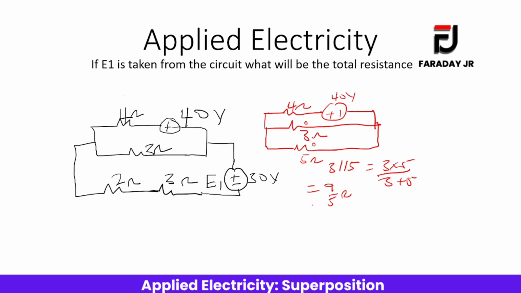So this 9 on 5, now our resulting circuit will tend to be 4 ohms, and then our 40 volts voltage in series with the resulting resistance that we had, which was the 9 on 5 ohms.